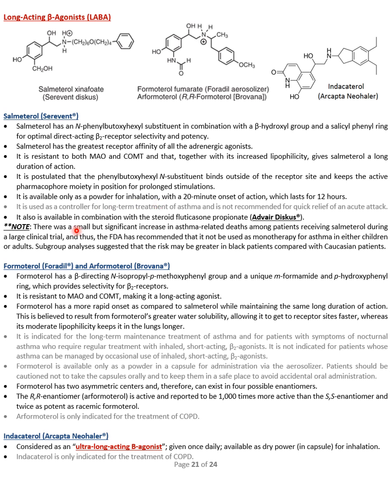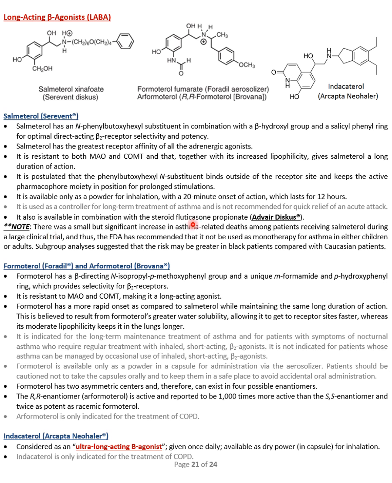What else? Oh, and then there is a note that there was a small but significant increase in asthma-related deaths among patients receiving salmeterol during a large clinical trial. Thus, the FDA has recommended that it should not be used as monotherapy for asthma in either children or adults. The recommendation is to use the combination of salmeterol with the steroid or glucocorticoid fluticasone, which is the Advair Diskus inhaler.